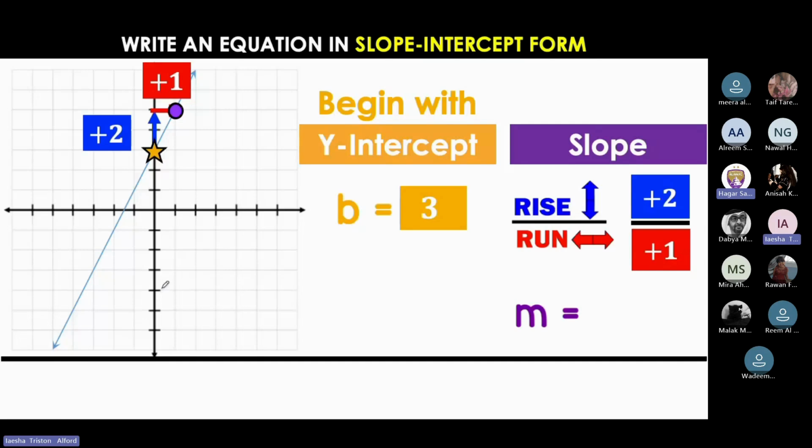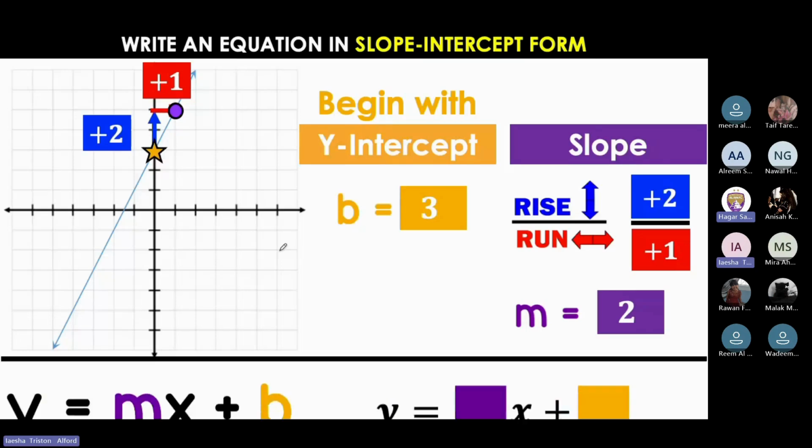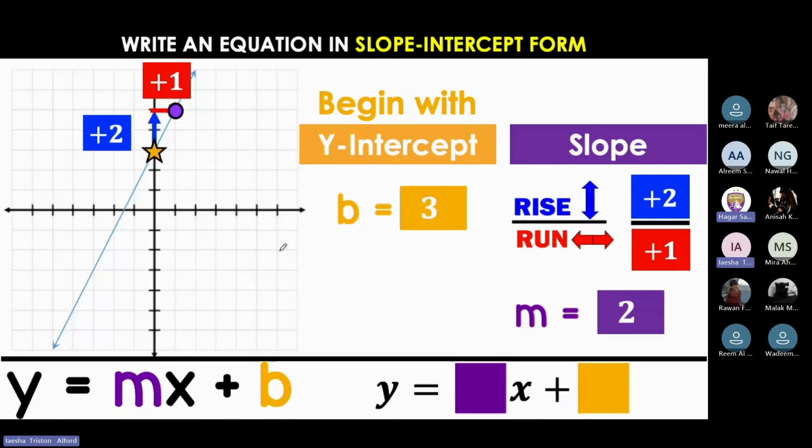What number is your m? It'd be positive 2. Do we have a number for b? Yes. Do we have a number for m? Yes. Now we can use y equal mx plus b and write the equation.